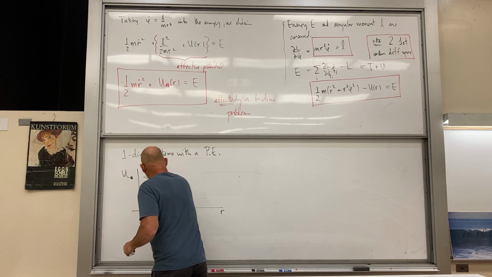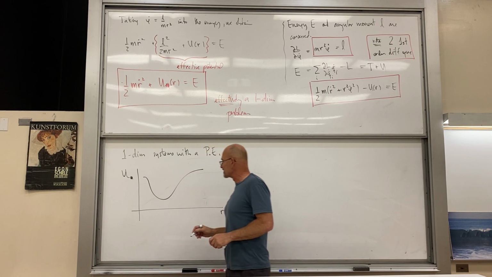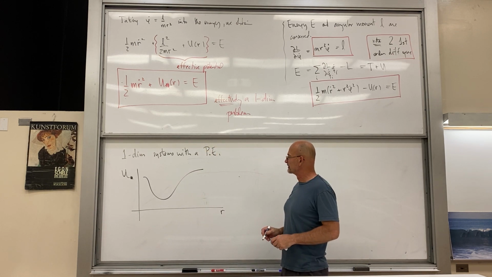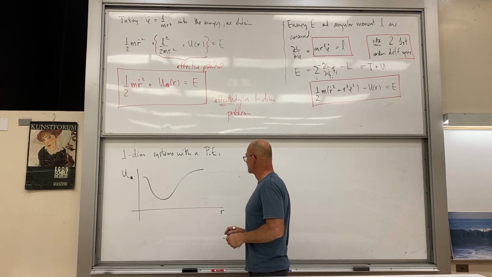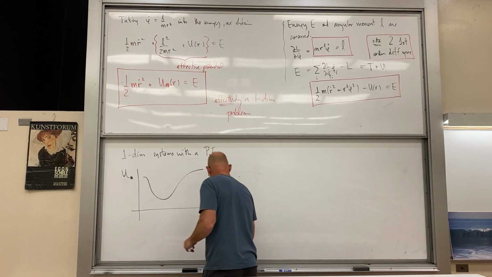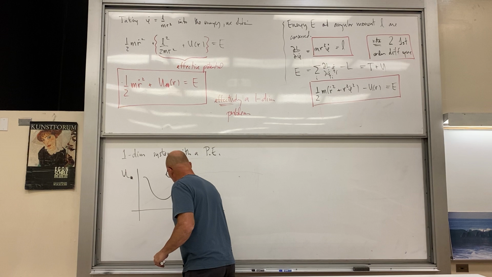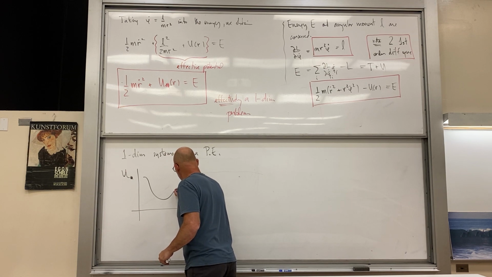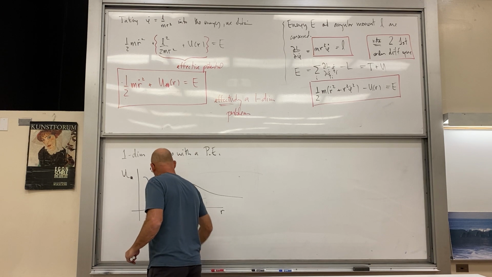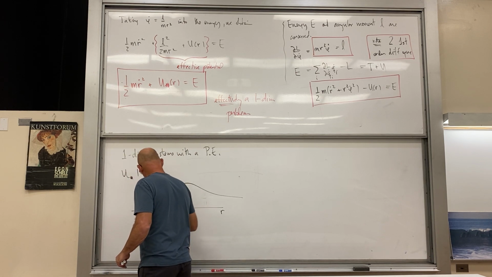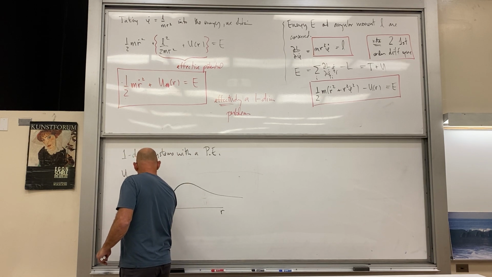So suppose we had a potential energy that looks like that. Actually, how about we extend it, make it a little more interesting. In fact, I'm always teaching the roller coaster. Let's make this a roller coaster.